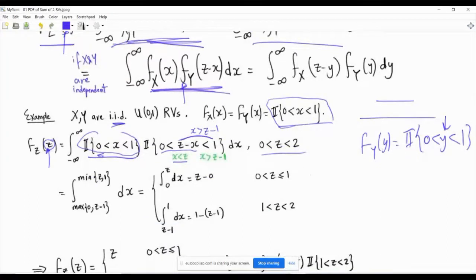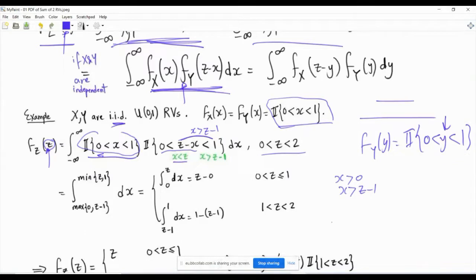So again, the indicator functions are 0 if their conditions are not met. If their conditions are met, then we have the following. We have x should be greater than 0, and also x should be greater than z minus 1.